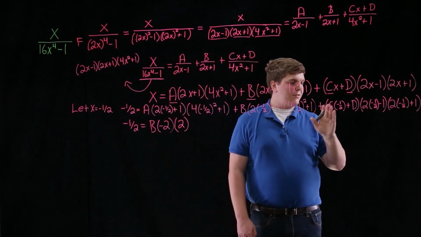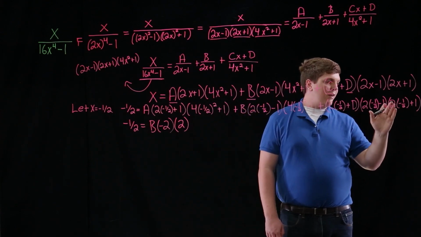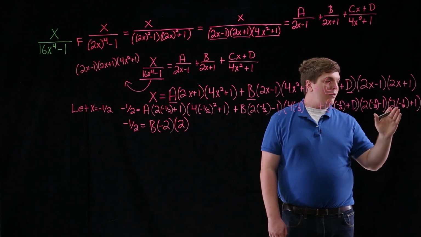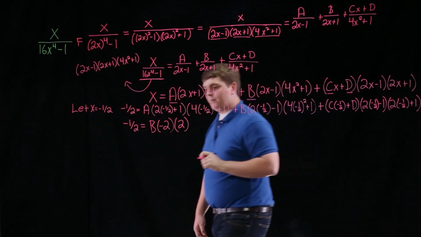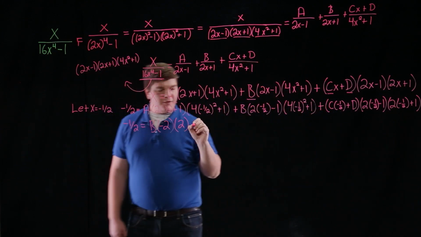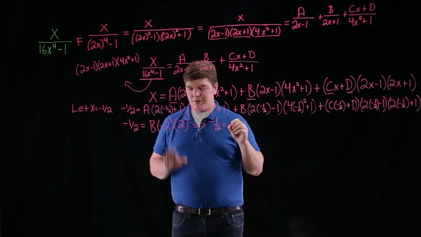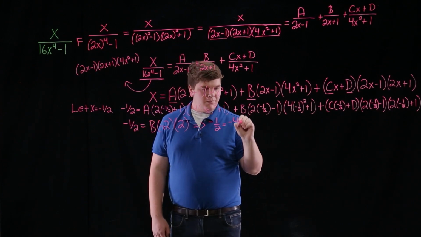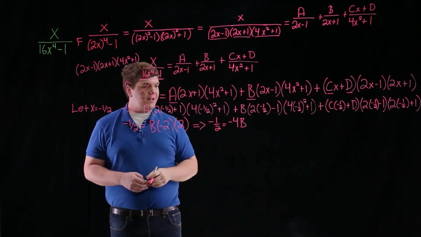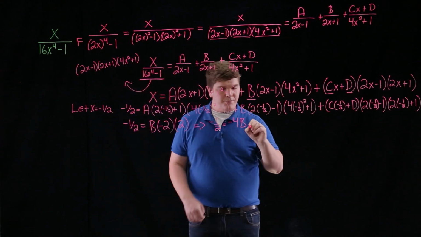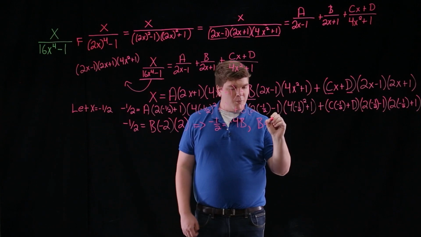And then we have plus c times negative 1/2 plus d. And here we have a 2 times the negative 1/2, which is negative 1 plus 1 is 0. So this term cancels. So what we're left with is the equation negative 1/2 equals negative 4b. And here we can solve for b by dividing each side of the equation by negative 4, and we're left with b is equal to 1/8.